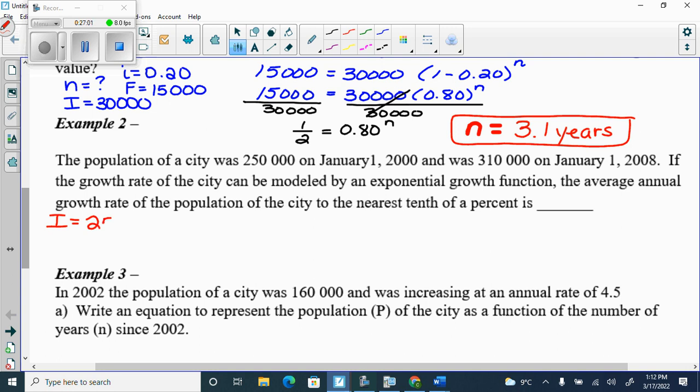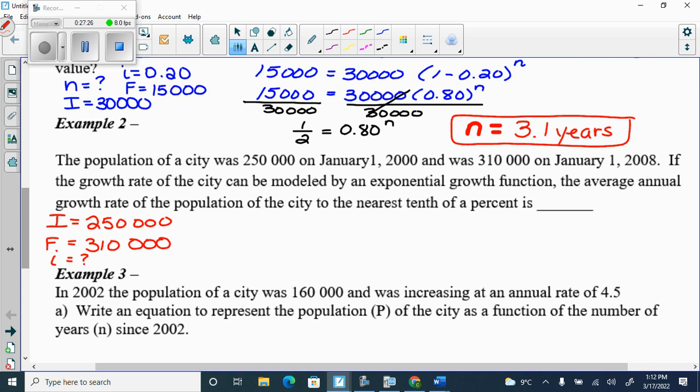And the final is 310,000. Is this growing or decaying? Growing, because I'm going from 250 to 310, right? So I know I'm going to use the formula with the plus, because that gives it away. If the growth rate of the city can be modeled by an exponential growth function, the average growth rate. So they want the i. How do I get the n?